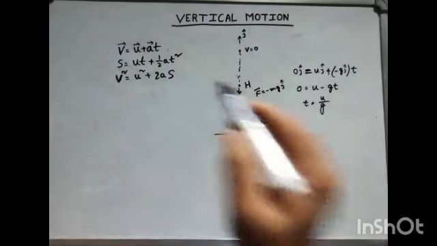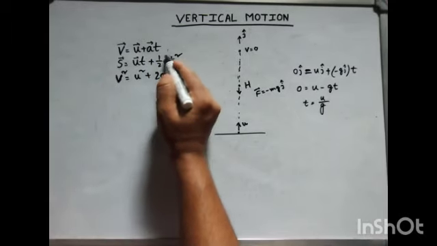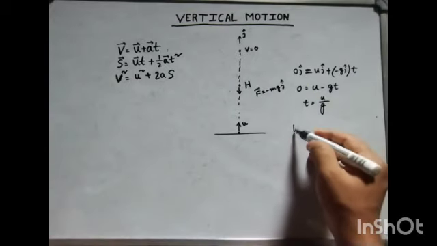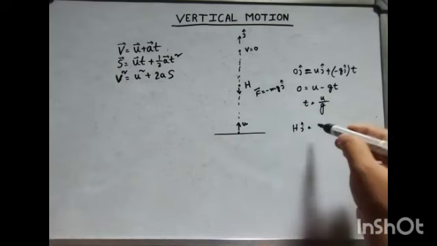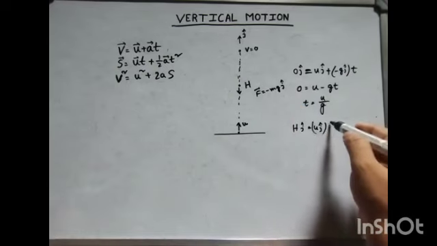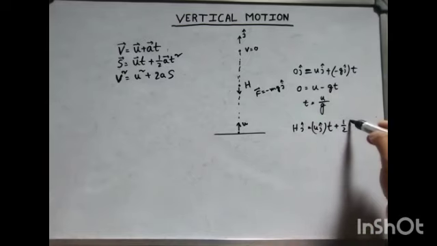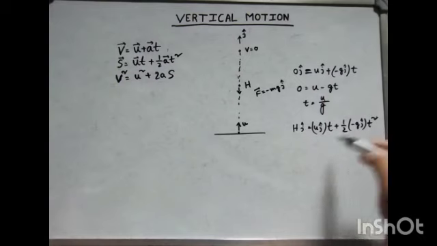Now this is also a vector equation, this is displacement vector. Now the displacement is h j cap equal to initial velocity u j cap into t plus half a vector, which is minus g j cap t square.